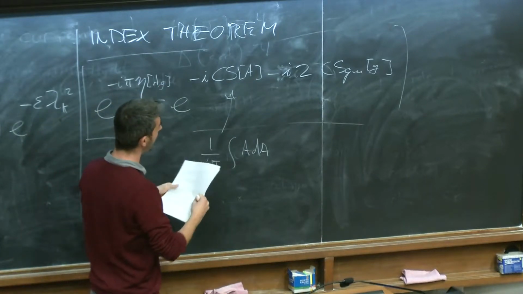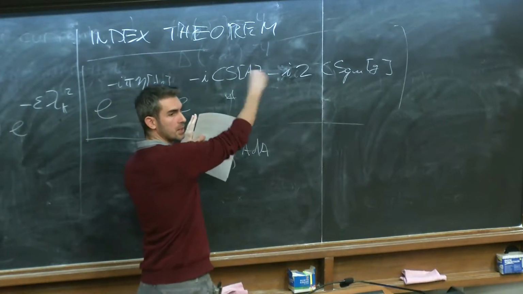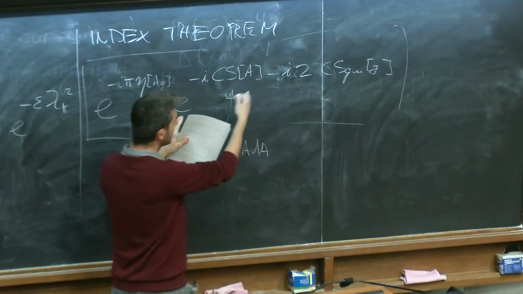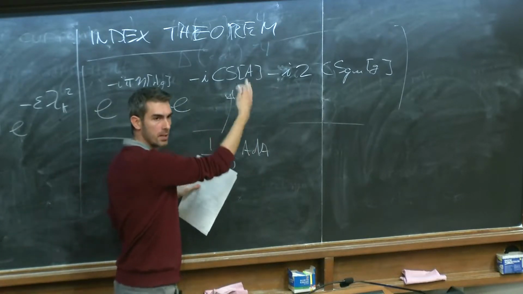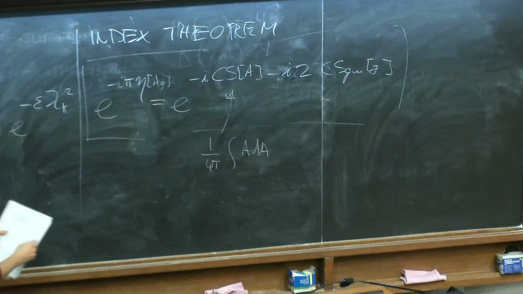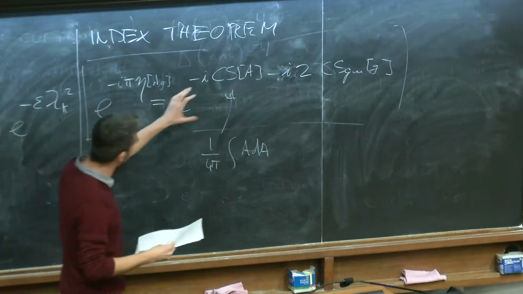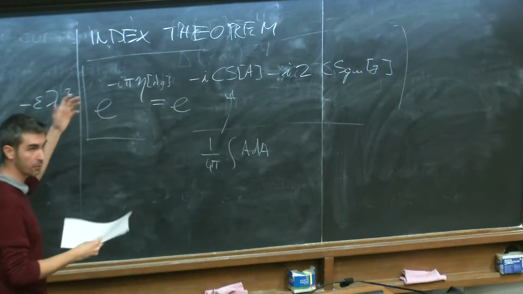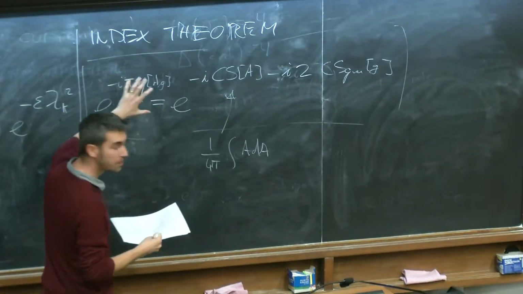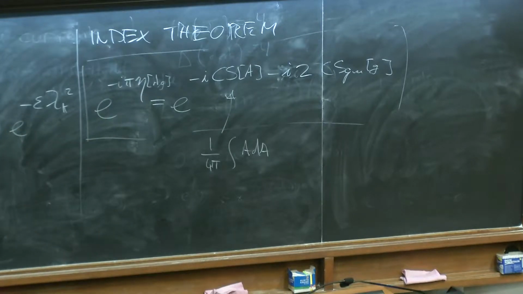It's not precise, because it would mean that we have to take a square root of this expression, and then we are back to the same problem, that the square root is a sign which is not well defined, and then if we do this transformation, we get clashes with gauge invariance. But for most purposes, in particular if you do perturbative computations, this behaves like half a unit of Chern-Simons term.